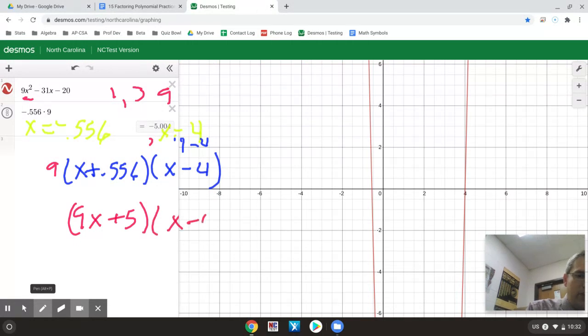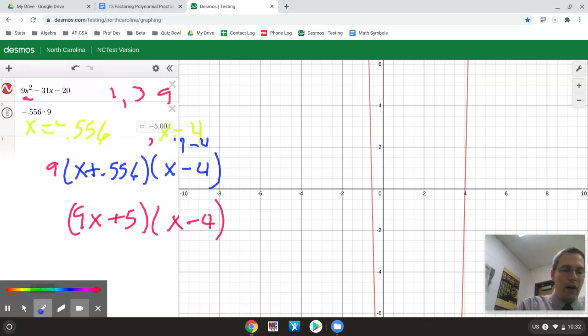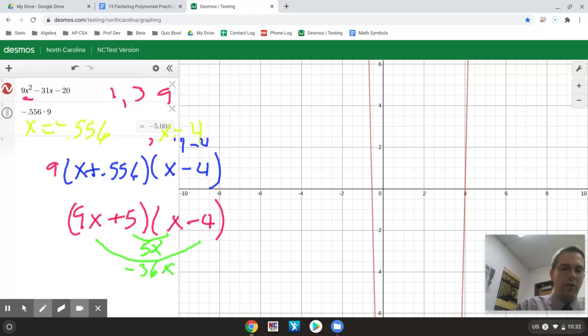If you needed to check that to just confirm you were right, you could just multiply your outside terms and your inside terms. So multiplying the inside gives you a 5x, multiplying the outside gives you a minus 36x, and minus 36 plus 5 would be equal to -31. I'm sorry, -31x.